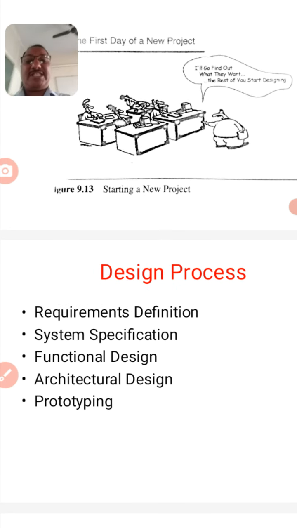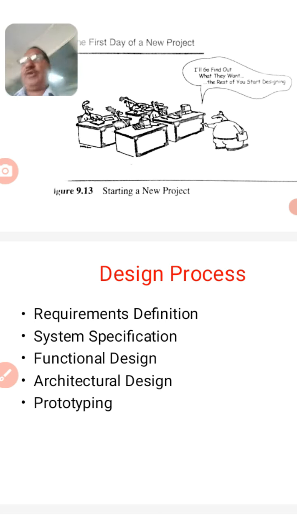Now the design process can be formulated using the following five steps. First one is requirement definition, second is system specification, third is functional design, fourth is architectural design, and fifth is prototyping. Suppose we want to design an automatic sanitizer machine.